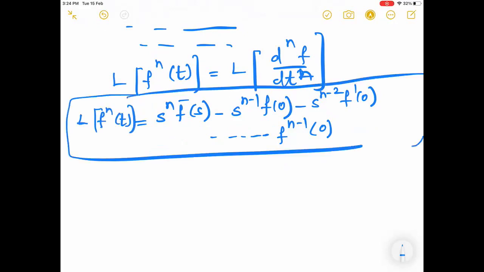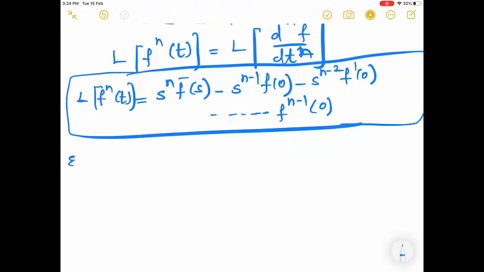And according to your first derivative, second derivative, you will have the calculation.